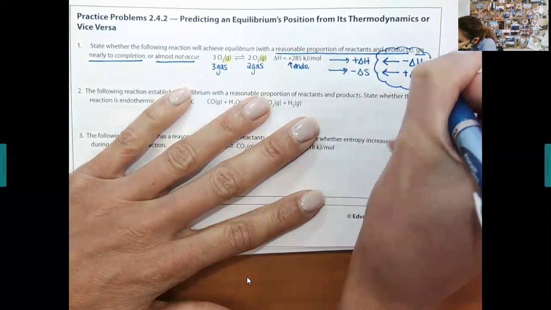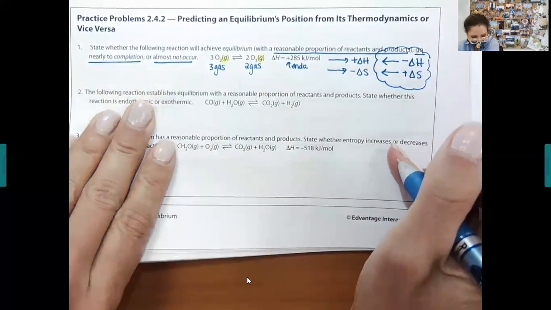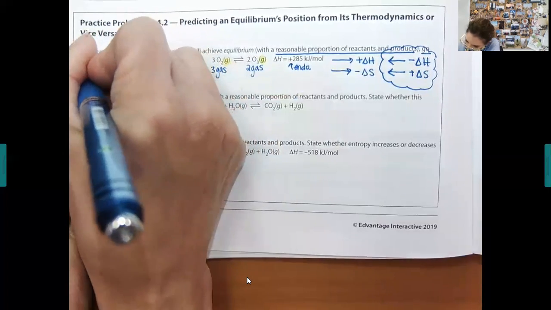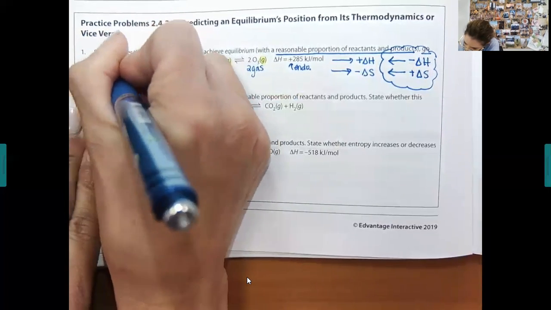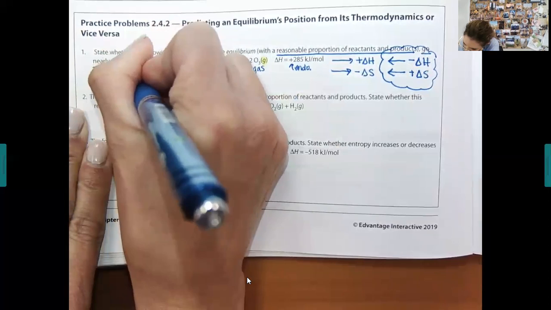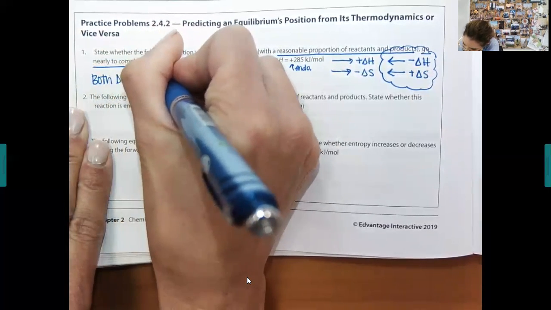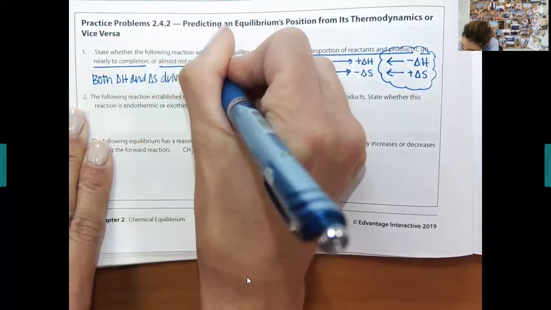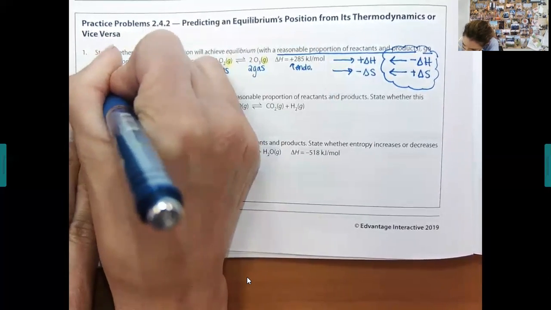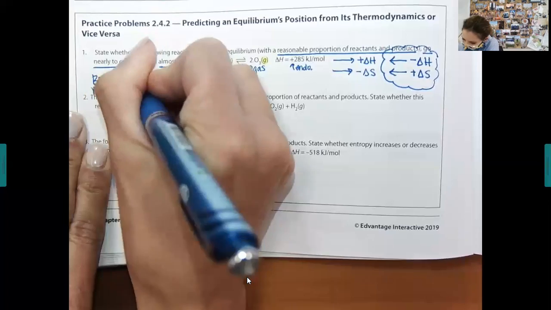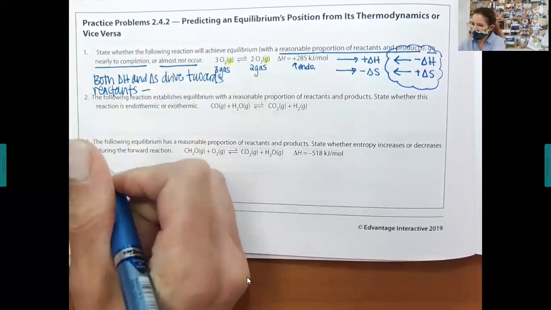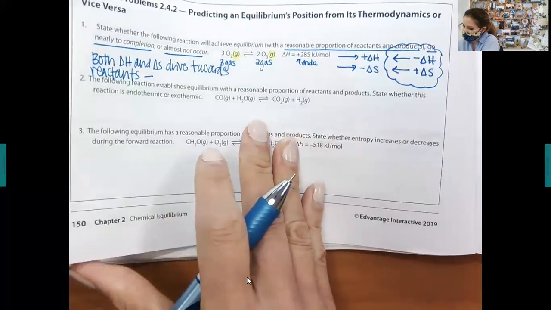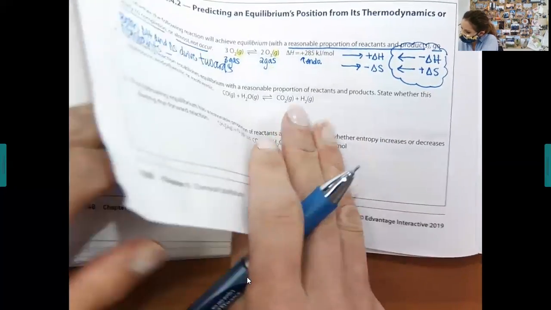So if you've got both of them driving towards the reactant, so both your delta H and your delta S drive towards the reactants, okay? And this is observed on the previous page, I believe. Let me look.